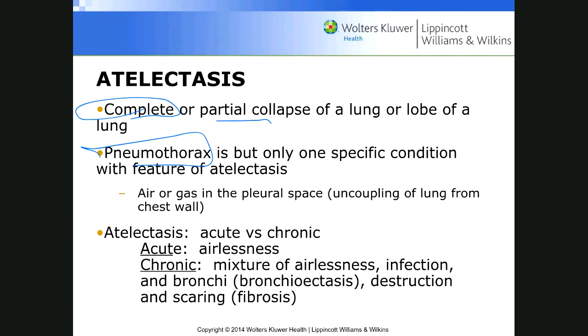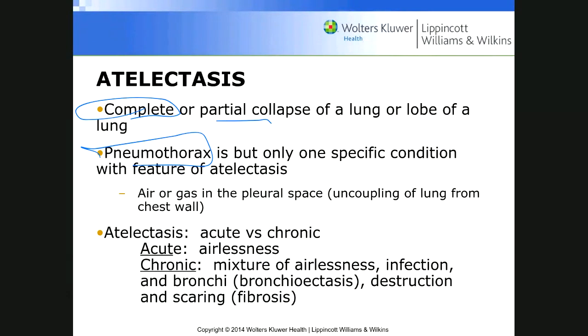Or you can say transpulmonary pressure, right? So transpulmonary pressure is the difference between alveolar pressure, which is the pressure you see in the lung, in the alveolus, and the pleural pressure.